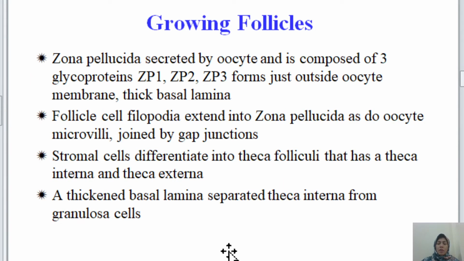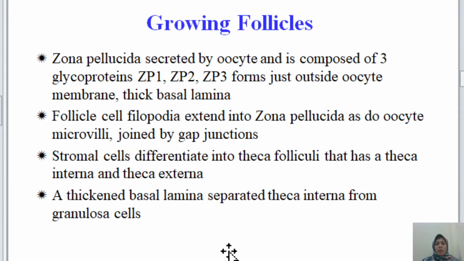In this type of ovarian follicle, the zona pellucida is secreted by the oocyte, and it is composed of three glycoproteins. This zona pellucida forms just outside the oocyte membrane and takes the basal lamina.